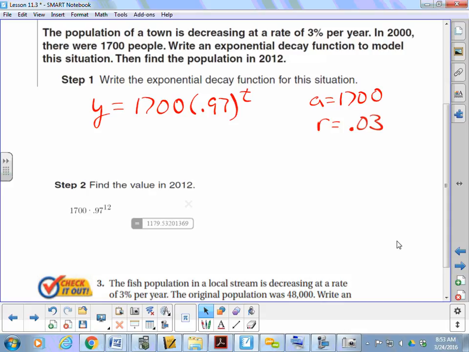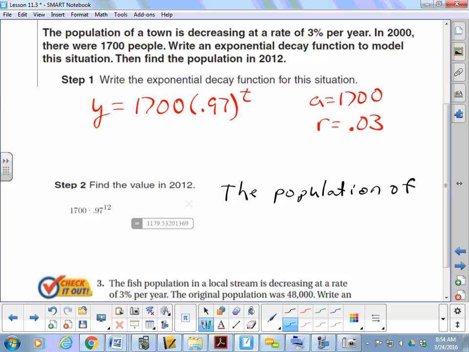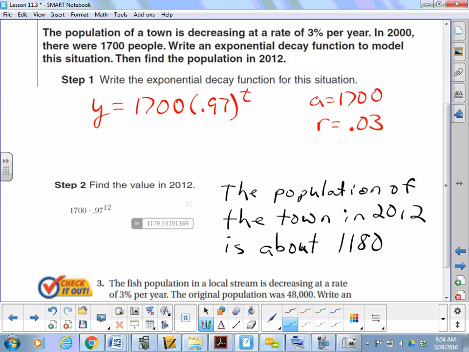But then when you say the population of the town in 2012 is about or approximately or almost or whatever, then you would say 1,180 people.